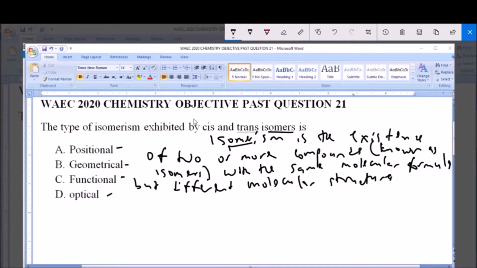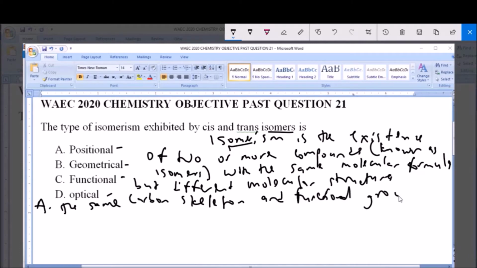So option A, which is positional isomerism, refers to when compounds have the same carbon skeleton, that is, in terms of their molecular structure, they have the same carbon skeleton and even the same functional group, but the functional group is located in a different location.